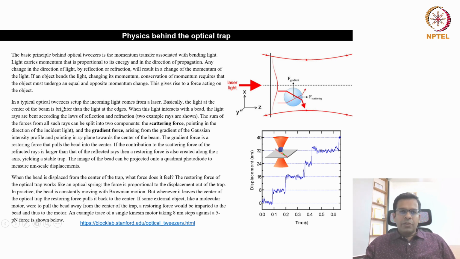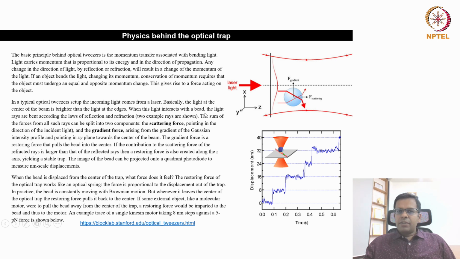So in an optical tweezers setup, the incoming light comes from a laser, and basically the light at the center of the beam is brighter than the light at the edges. Okay, so the center of the beam contains the highest electric field, and that's why the light at the center is the brightest compared to the edges of the beam.